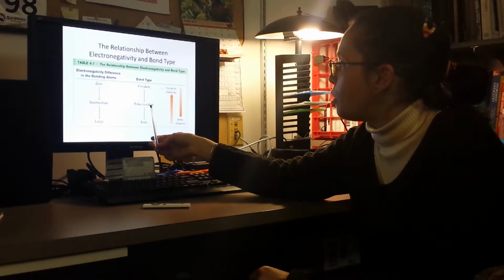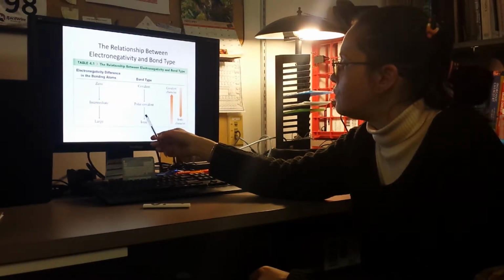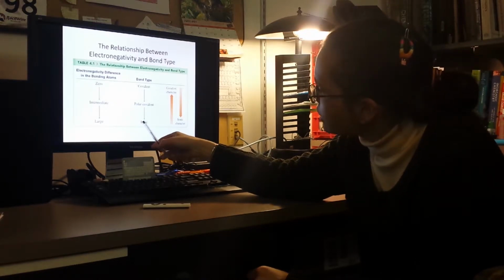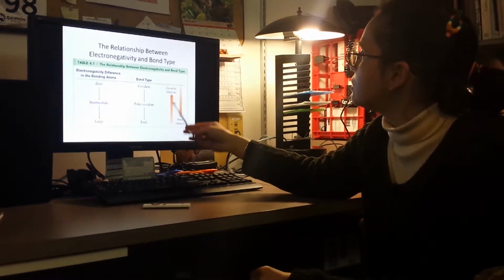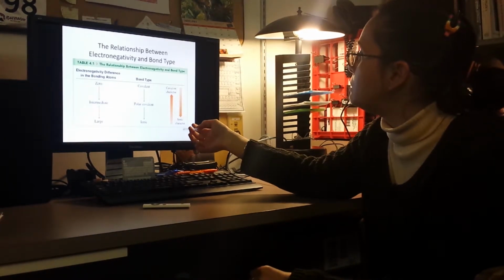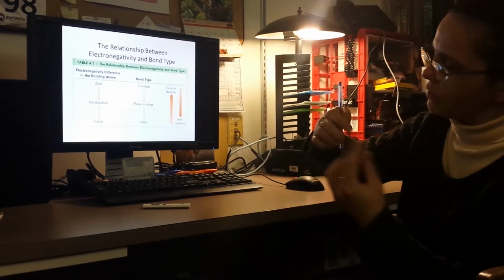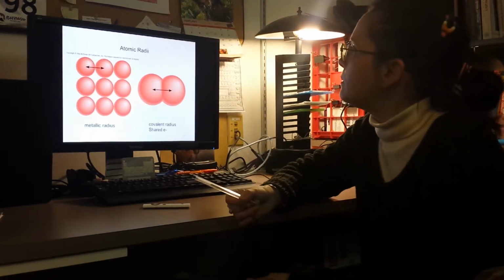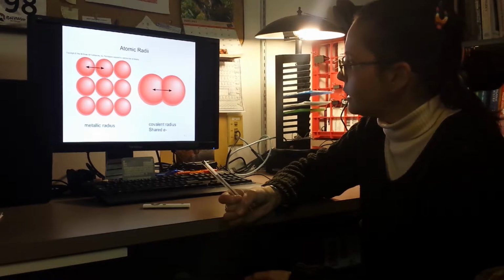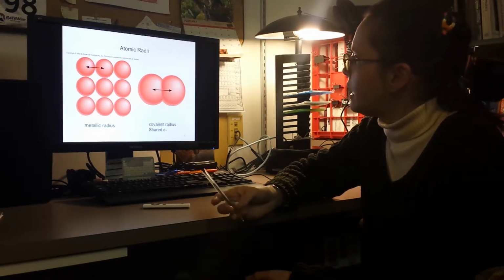Then we move into polar covalent, which is intermediate, and as the differences in electronegativities become very large, the bond type is going to be ionic. So as the covalent character increases, the ionic character decreases, because they have opposite ways of operating, right?